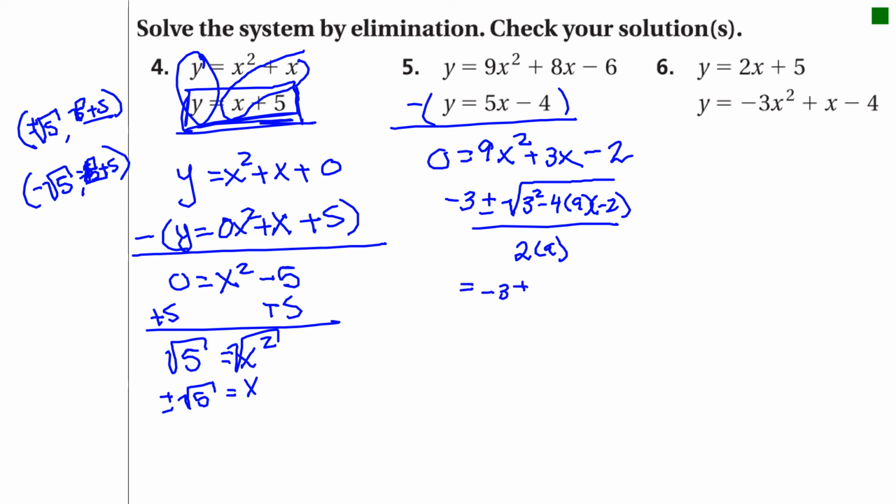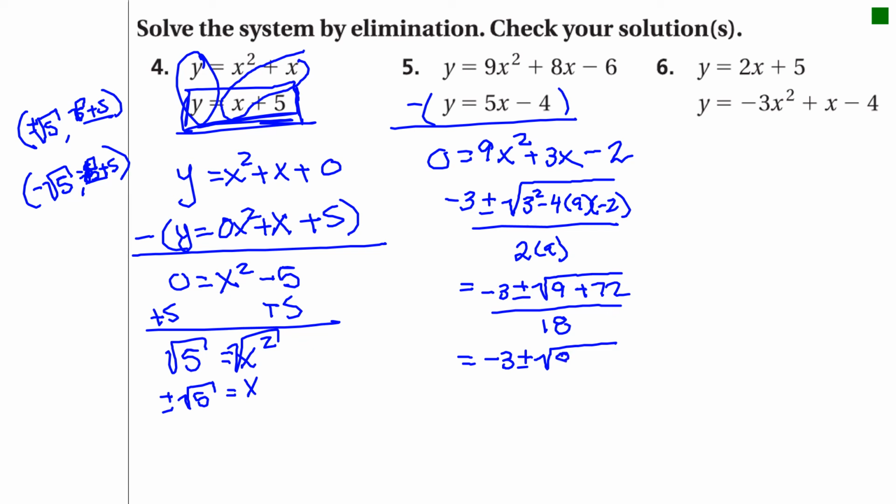Negative 3 plus minus the square root of 3 squared is 9. 4 times 9 times 2 is 72, and then this will become plus 72, divided by 18, equals negative 3 plus minus the square root of 9 plus 72 is 81.